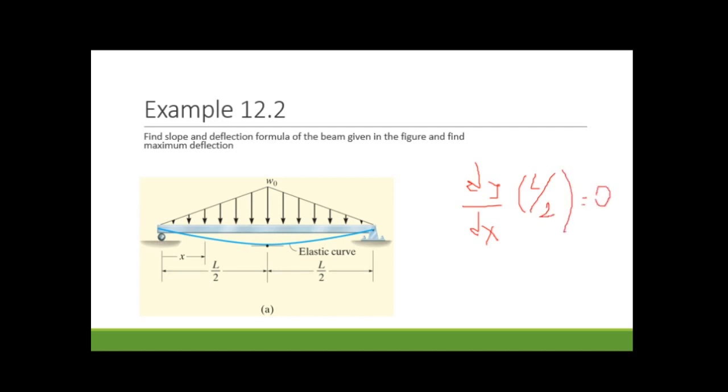How can we define this? Because the system looks symmetric at the middle of the beam, and y is maximum. You remember from high school, when any function is maximum, its derivative should be equal to 0.